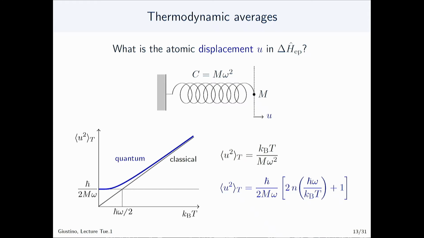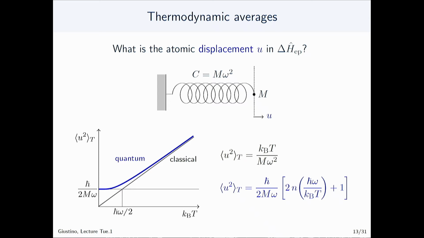So actually, this plot seems very easy, but it has a lot of important physics inside. The first thing that we notice is that the mean square displacement of the nuclei, if you go to high temperature, goes linear. So it goes asymptotically to the classical result. That's consistent with the idea that at a high enough temperature, a quantum system becomes increasingly more classical.